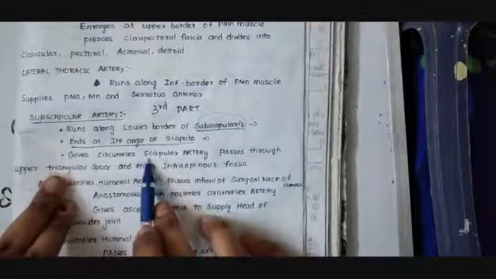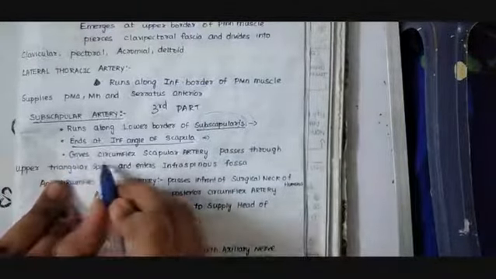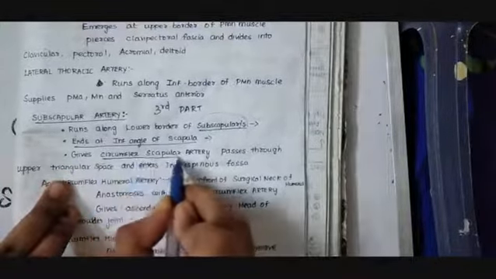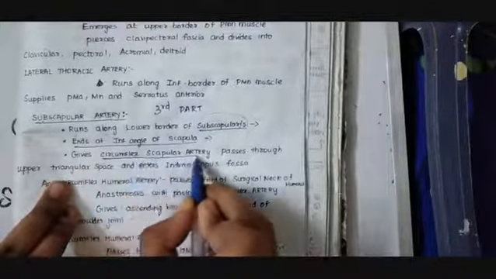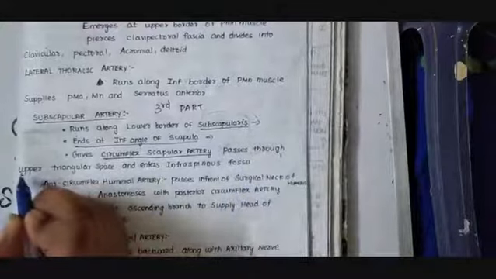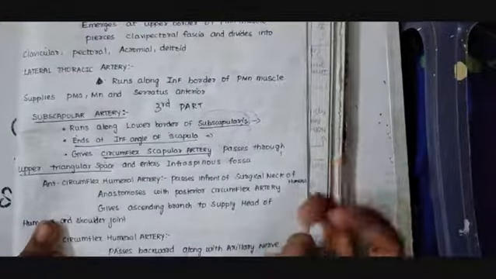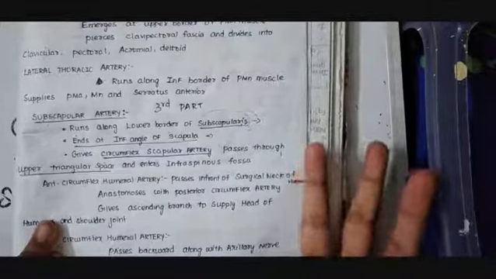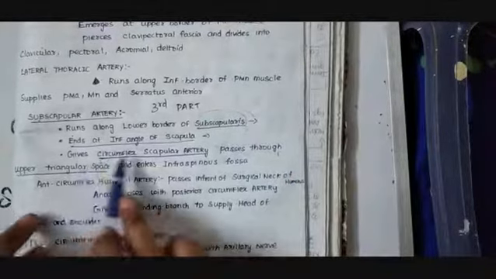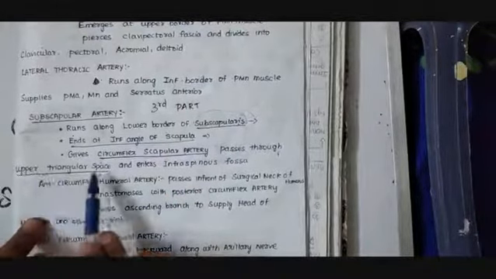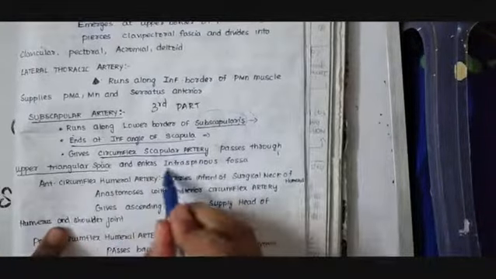Okay, along its course, it gives a branch called the circumflex scapular artery. This circumflex scapular artery passes through the upper triangular space. So we have the quadrangular space, upper triangular space, and lower triangular space. In that, this circumflex scapular artery runs through the upper triangular space and enters the infraspinous fossa.